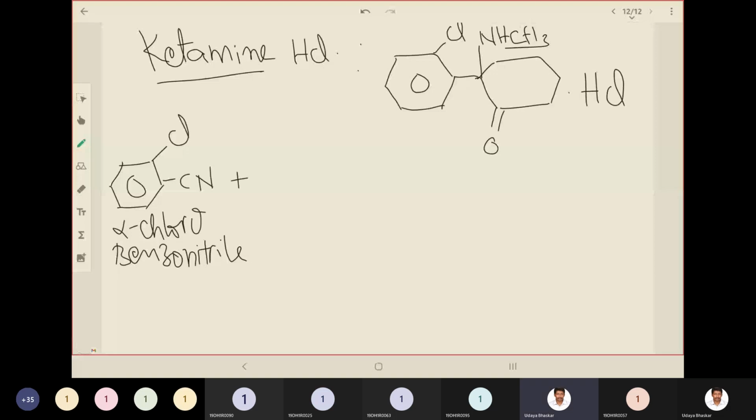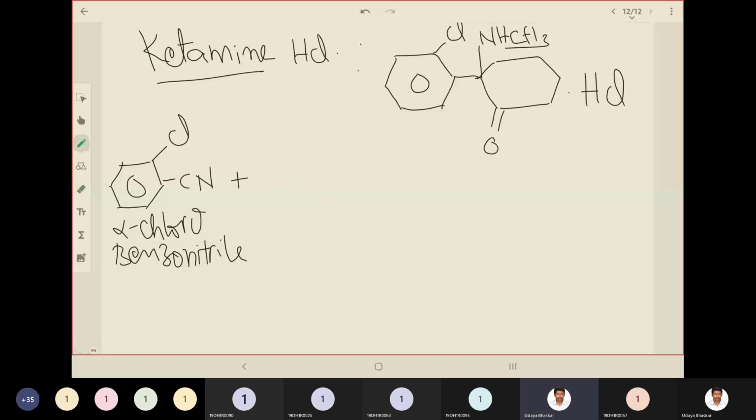What is Grignard reagent? It is RMgX. R means alkyl, Mg is magnesium, X is halogen, either chlorine, bromine, fluorine, or iodine. That is the general formula for Grignard reagent. Particularly in this reaction, we are using this one.